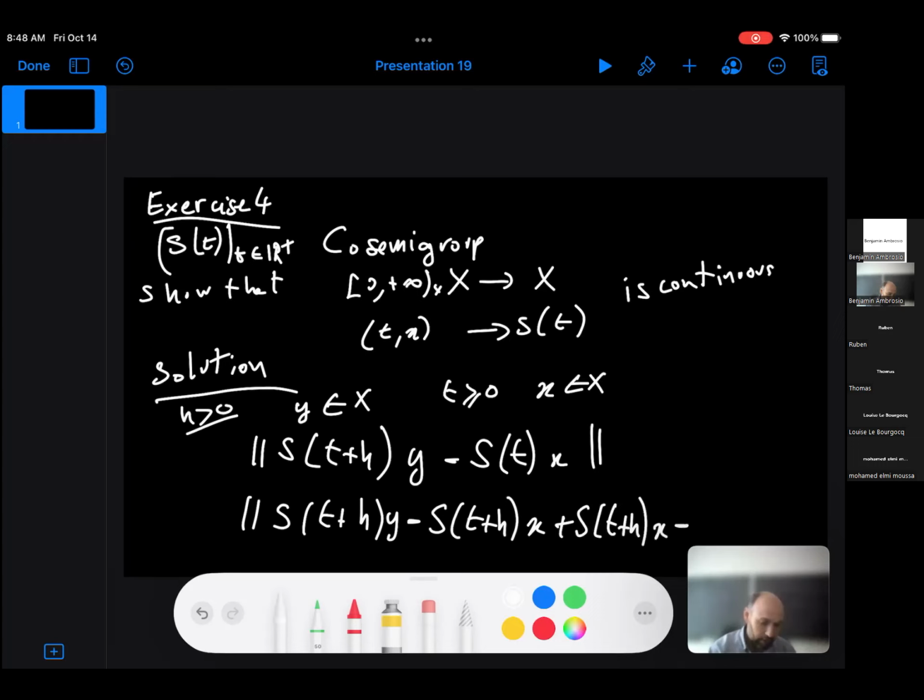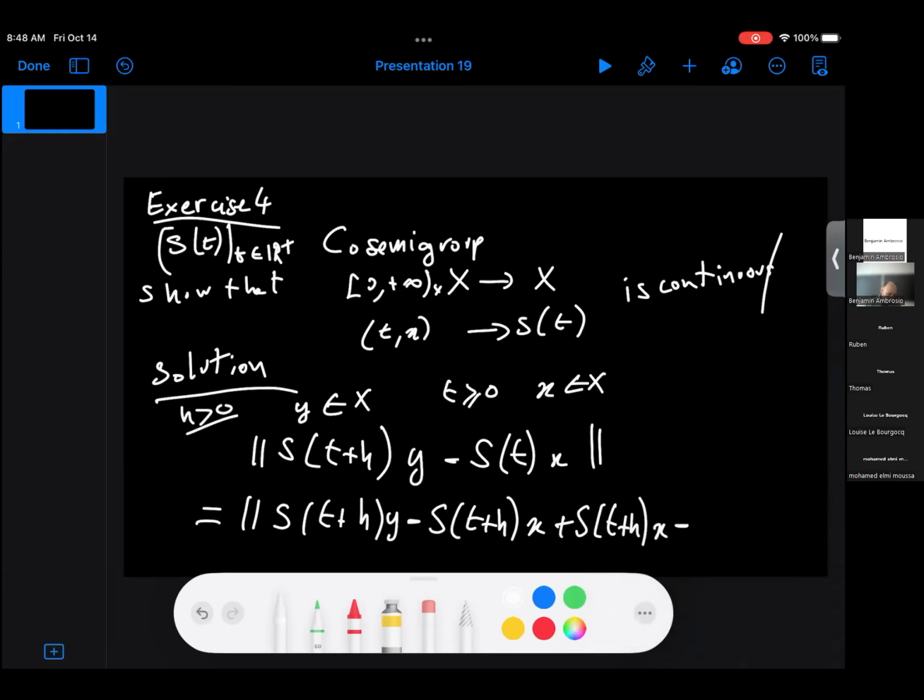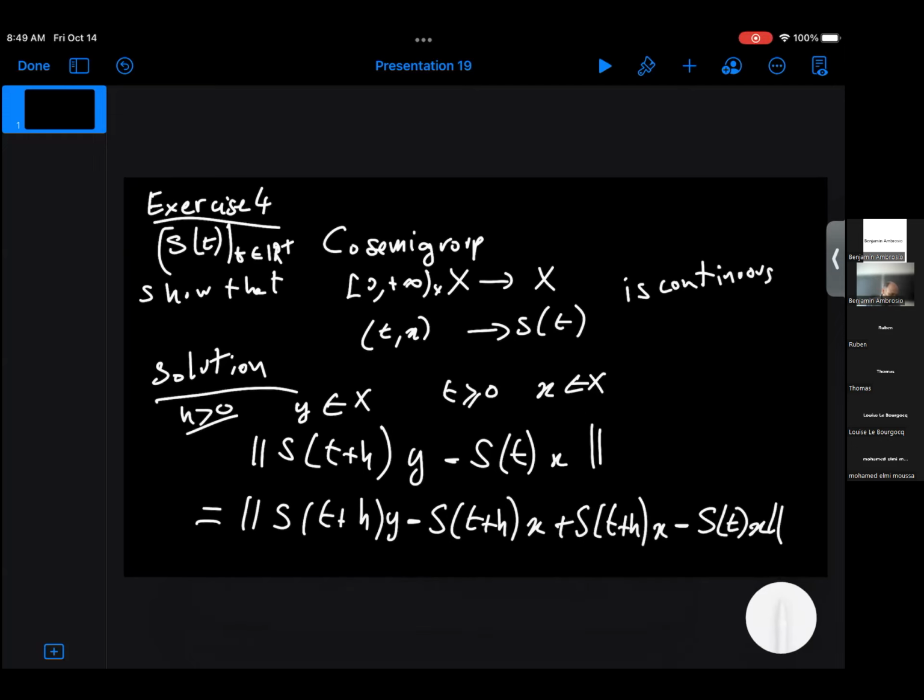And then I want this to be equal. I need to write this again. That's good for what remains to be done.